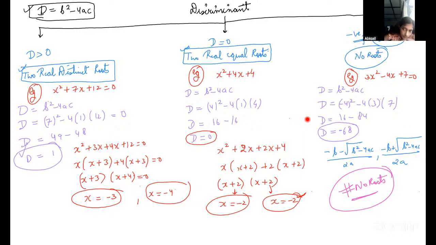Sir, can we use small d for discriminant, small d instead of capital D? Why do you want to use that? I mean, just asking, sir.